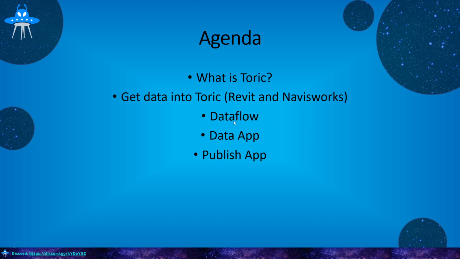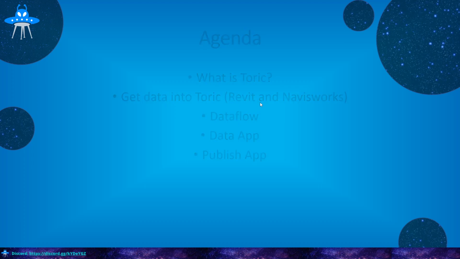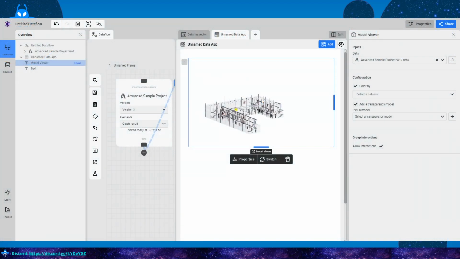Then we'll talk about data flow, the data app, and then we'll publish the app. So the big three things are getting the data into it, creating your data flow, and then creating your data app, which essentially is a dashboard. When we get in there, it'll make more sense when you visually see that.